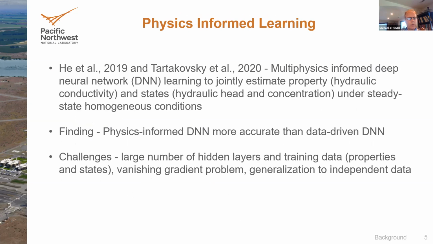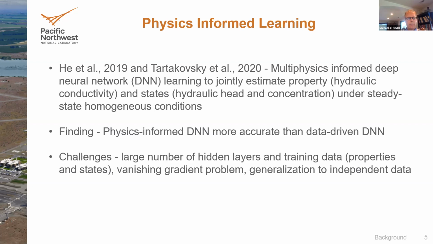So physics-informed learning is an approach to combine the joint solution of numerical models whose, in this case, governing equations describe the physics of subsurface transport with machine and/or deep learning kernels. For example, my colleagues at PNNL recently implemented a multiphysics-informed deep neural network to jointly estimate the hydraulic conductivity, hydraulic head, and concentration values under steady state homogeneous conditions.